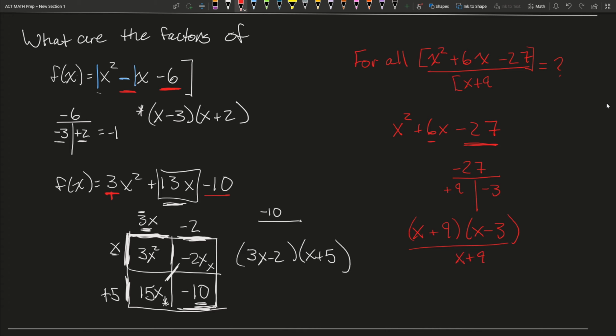Then you look at the numerator, you look at the denominator, and see what is the same. Okay, so in this now factored problem, right, we can cancel out common factors. So x plus 9 is common in the numerator and the denominator, so then our final answer is just x minus 3.